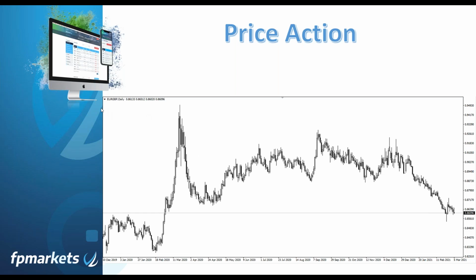So on the slide, I assume you can see this slide, we have a euro-pound daily chart. This is a naked chart with no indicators or technical drawings applied. So this is price action, ladies and gents, what you're seeing here. And it is something, you know, I'm obsessed with.